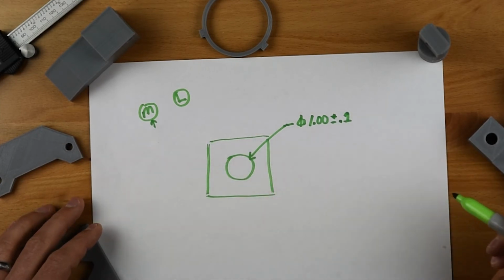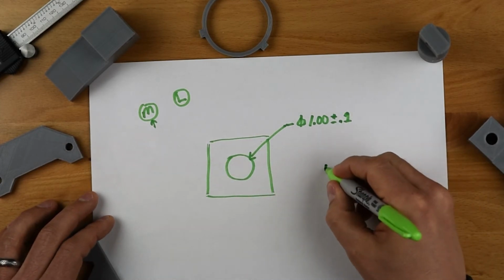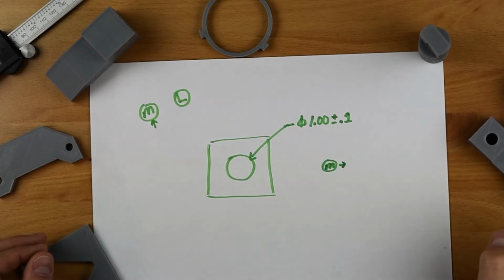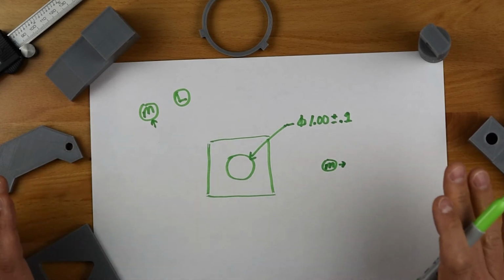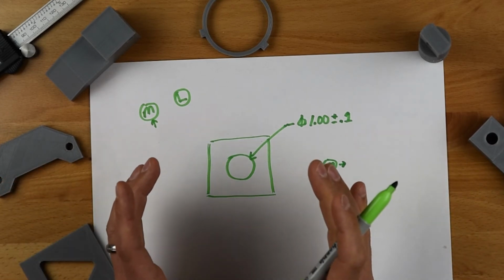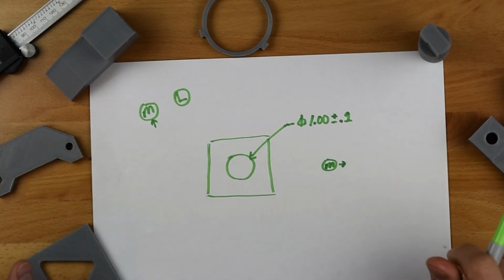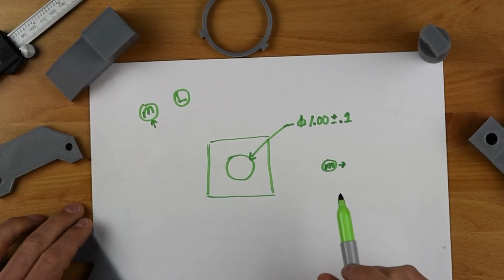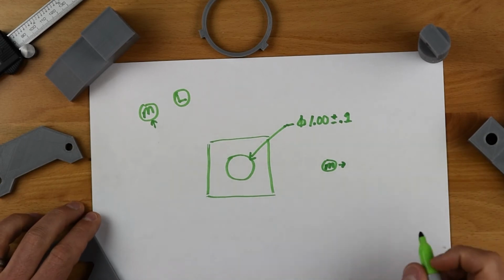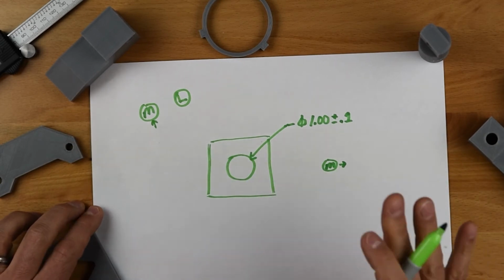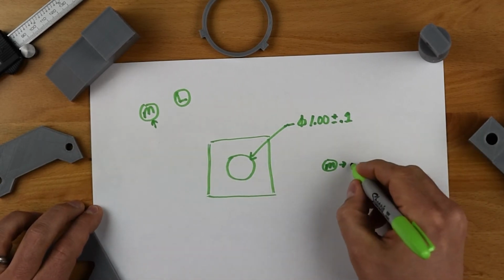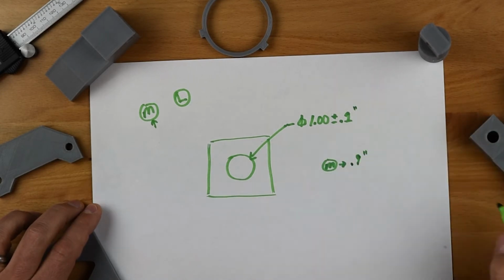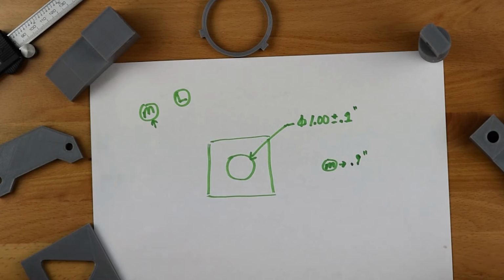It is a hole, and so if we wanted to know what this feature is at maximum material condition, we do just that. When does this hole have the maximum material? Well, you probably guessed it. It is when it's at its smallest size. So in this case, we'll be dealing with a 0.9 inch hole as the maximum material condition.